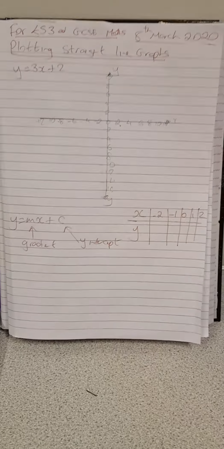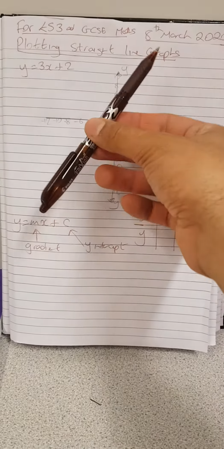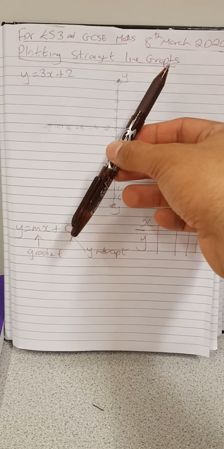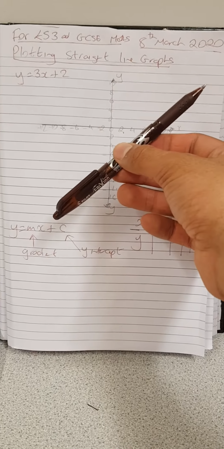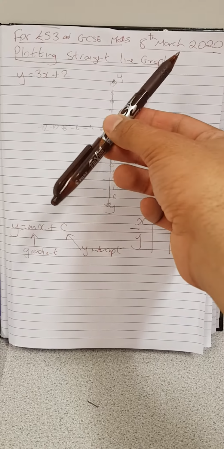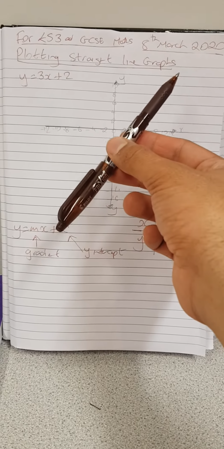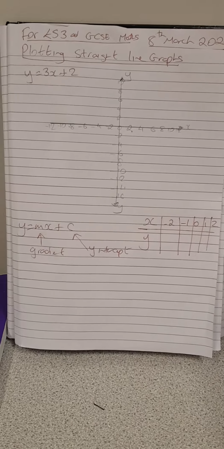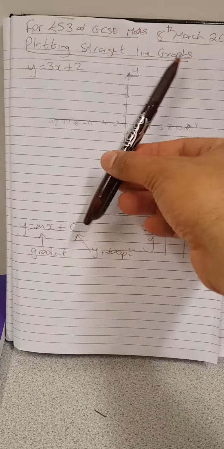Gradient just means how steep my line is. The steeper my line is, the bigger the value of m is going to be, and the less steep it is, the smaller it's going to be. If you think of it like a hill, if you're walking up a steep hill, you can treat that as a steep gradient.